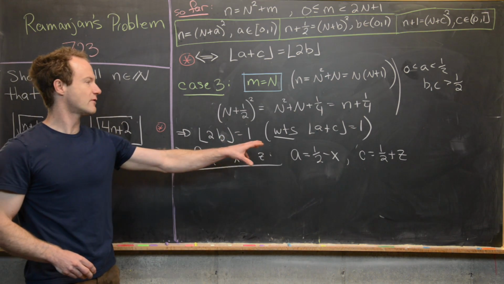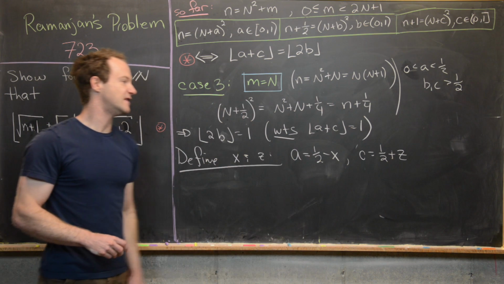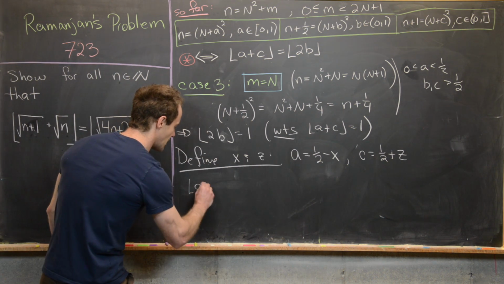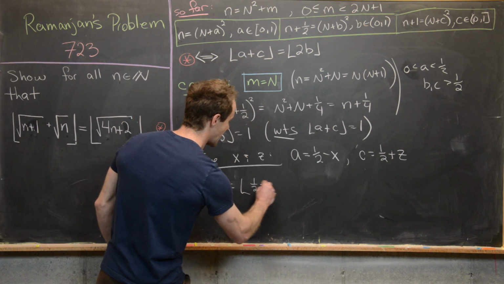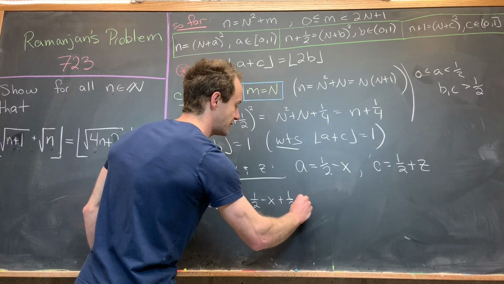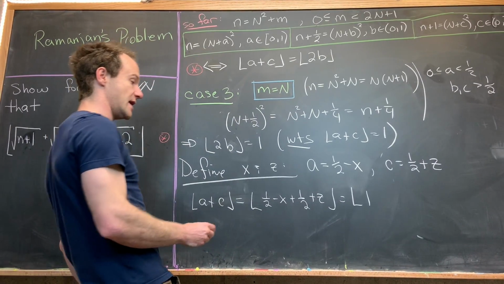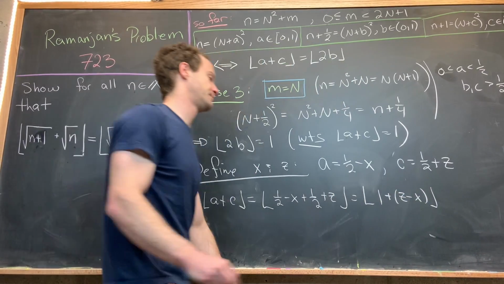So now I want to rewrite the floor of a plus c, which is our goal, using these new variables x and z. So we have the floor of a plus c now is equal to the floor of 1/2 minus x plus 1/2 plus z, which is equal to the floor of 1 plus the quantity z minus x.